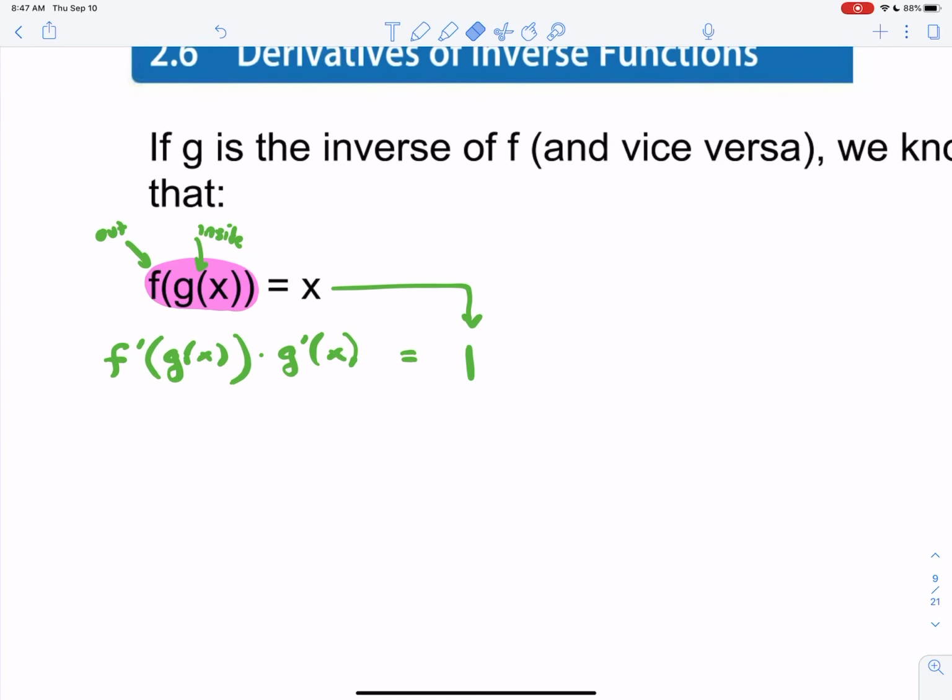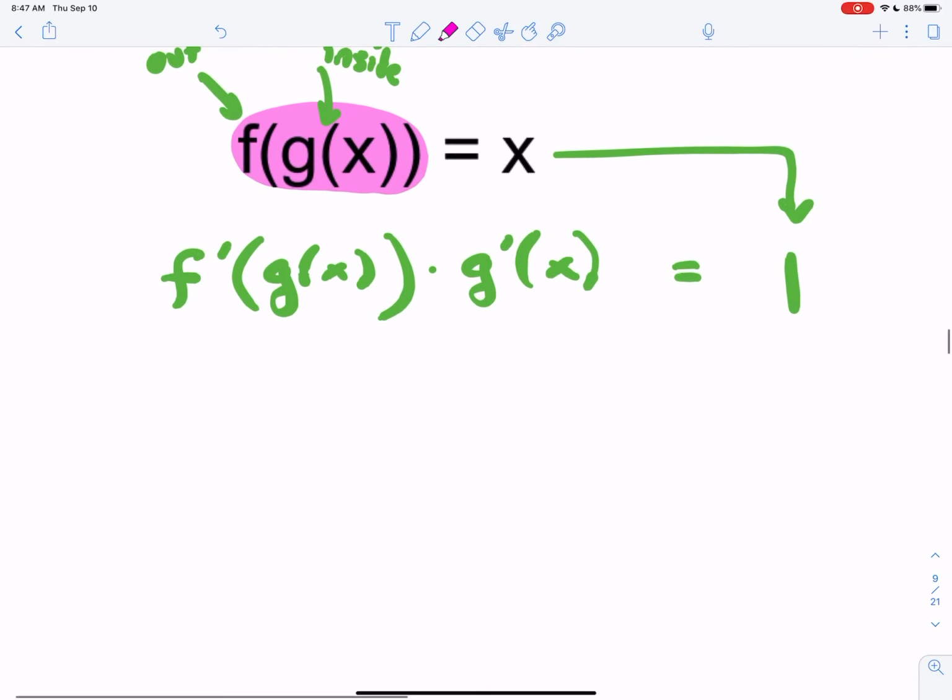Okay, so we're going to remember that g is the inverse. Okay, g is the inverse of f. So what in this equation represents the derivative of the inverse? Okay, pause and play when you're ready, but I'll ask one more time. What part in this equation represents the derivative of the inverse function? Press play when you're ready.